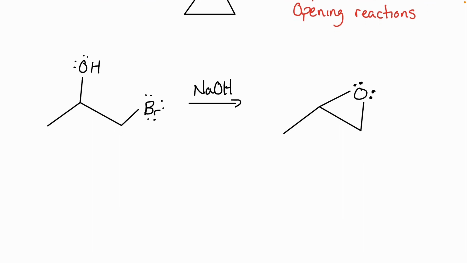Our reagent here that we would buy from the store is sodium hydroxide. Whenever I see a metal in there, I just immediately ignore it and put a minus sign on there, because our metal isn't actually playing a role, it's just a counter ion. So sodium hydroxide is really an ionic compound between a sodium ion and a hydroxide ion.